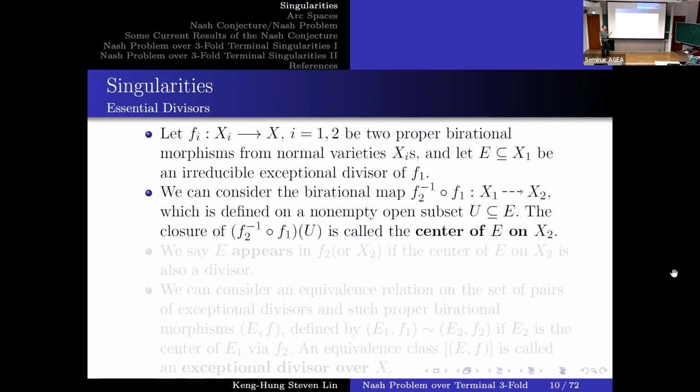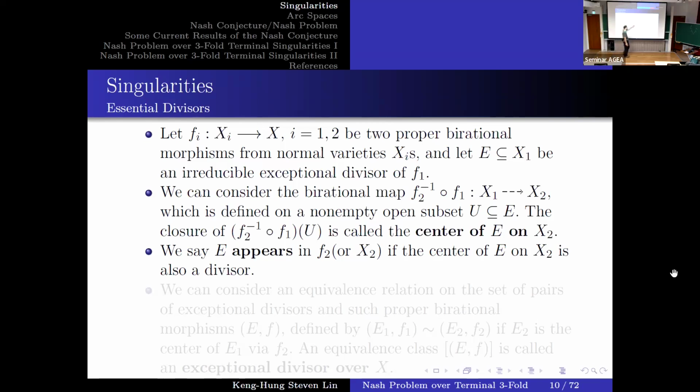This is what I mean by appears. The thing we transport into X2, we call it the center of E on X2. We say that E appears on X2 if the center of E on X2 is also a divisor.